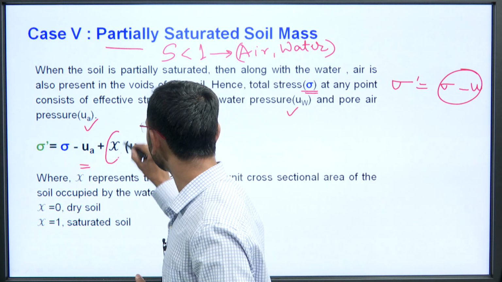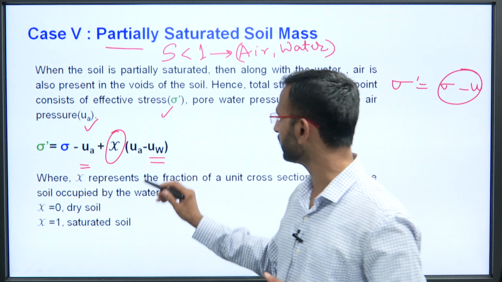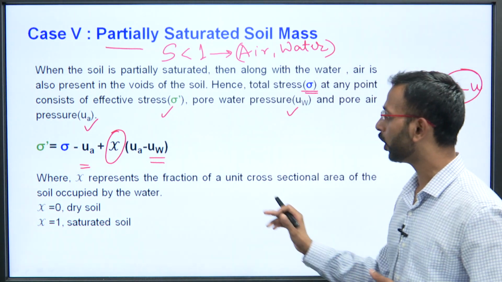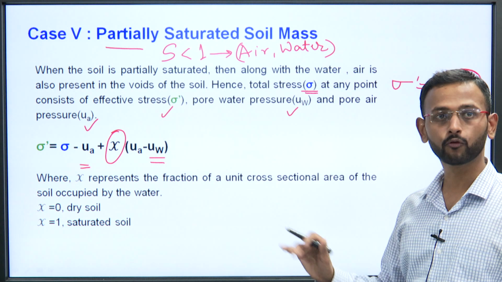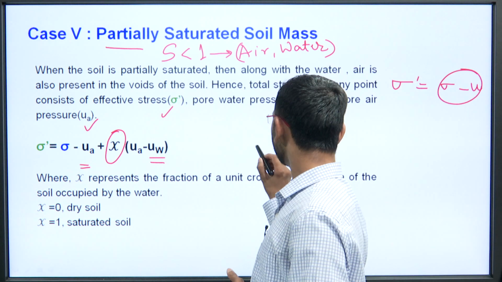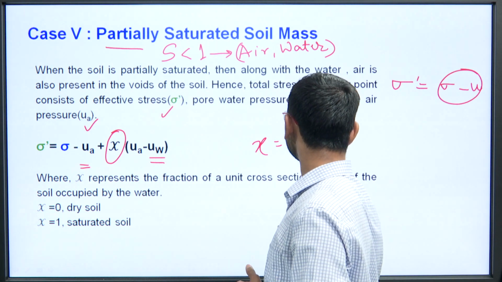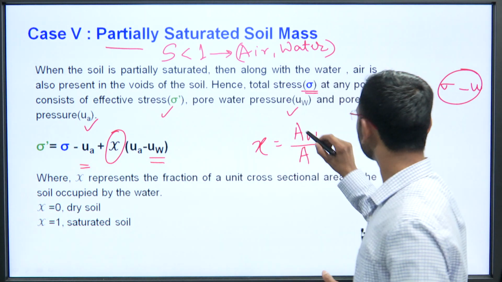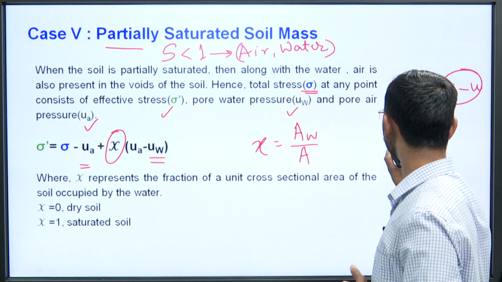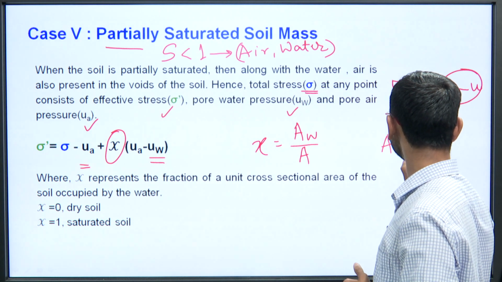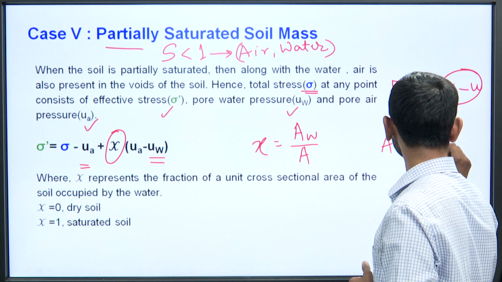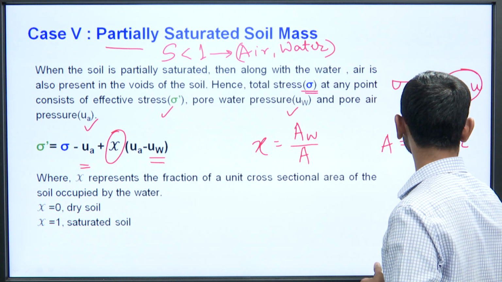Here chi is a factor which represents the fraction of a unit cross sectional area of the soil occupied by the water. So we can say that chi is nothing but AW by the total area. This AW we studied in the previous lecture, that the total area A comprises of the area of water and the area of contact.